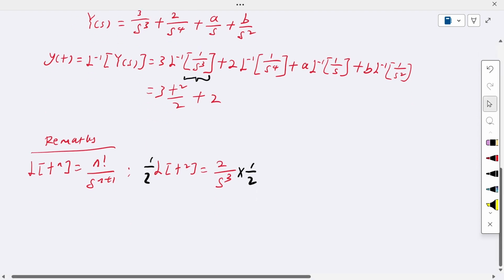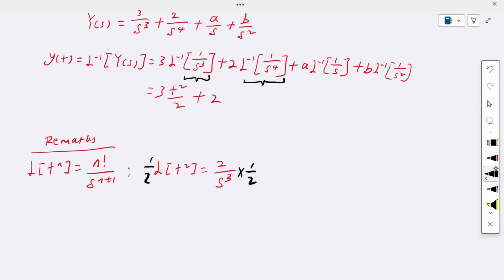What is the inverse Laplace transform of the next term? For 1 over s to the power of 4, if we take the Laplace transform of t to the power of 3, then we have 3 factorial, 3 times 2, we get 6, over s to the 4. Now the numerator is 1, so we need to divide by 6.